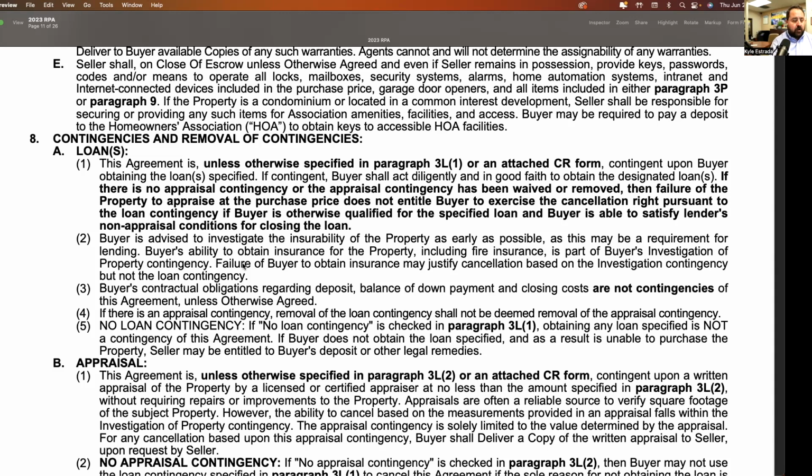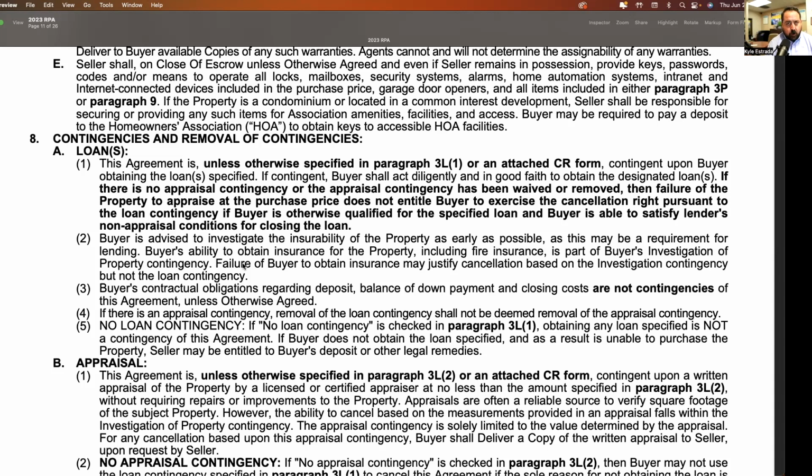If they aren't showing you the funds necessary to make up that gap and they're removing the appraisal contingency, there should be a red flag going off in your head. Because if they don't have the money and it doesn't appraise and they have no appraisal contingency, how on earth do you expect this transaction to continue once the property doesn't appraise?